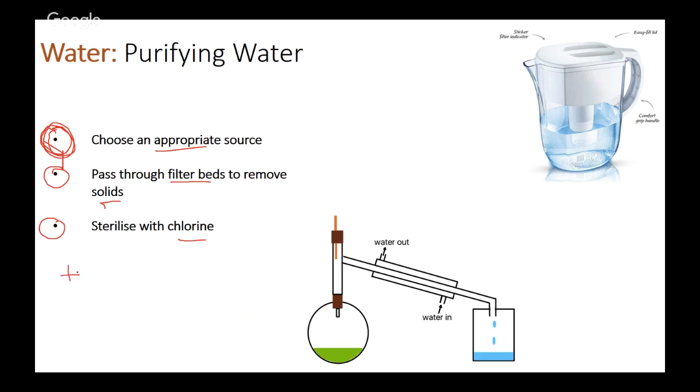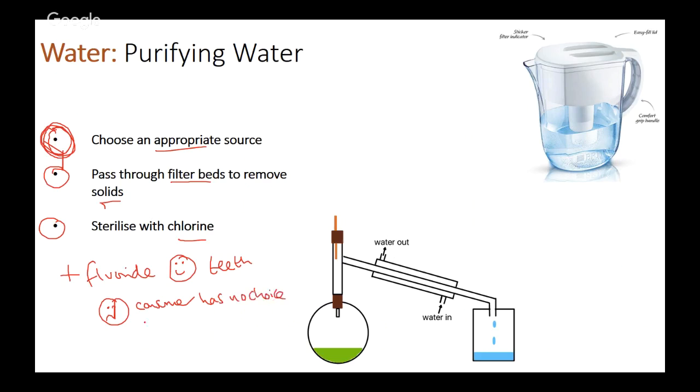Occasionally, in some areas of the UK, you'll have fluoride also added to the water. You need to be aware of the positives and negatives of that. The positives are that it improves dental health and it's good for your teeth. The negatives surround the idea of whether it is ethical or not to add fluoride, so the idea that the consumer, as the person drinking the water, has no choice.